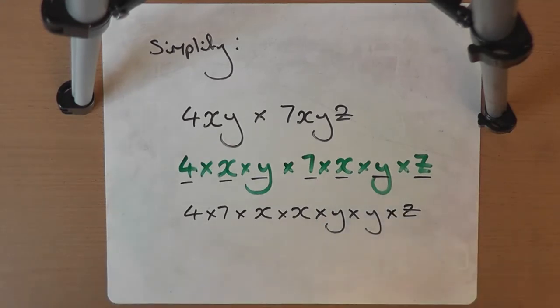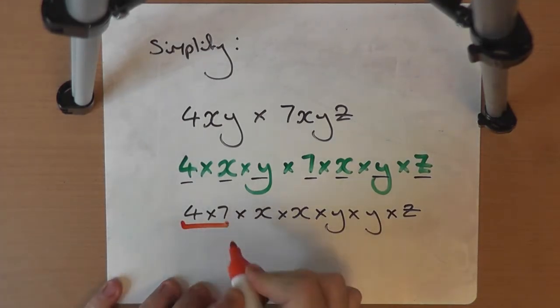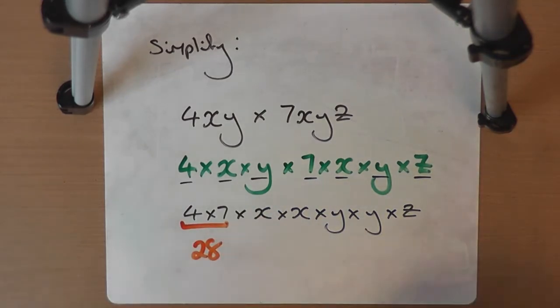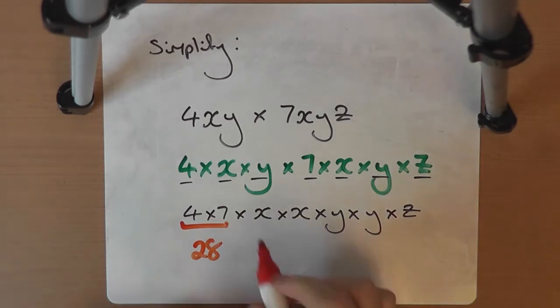This is all the same things. We've still got times all the way through. We've just dragged the numbers to the front, then the x's, then the y's, then the z's. X, then y, then z in alphabetical order just because it's a bit neater. Surely now at this point we can combine stuff. We can combine the 4 times 7 to be 28. We can combine the x times x into x squared.